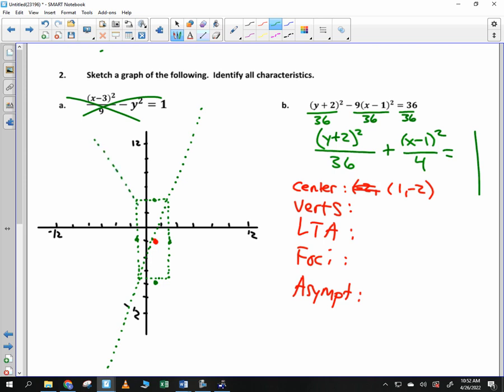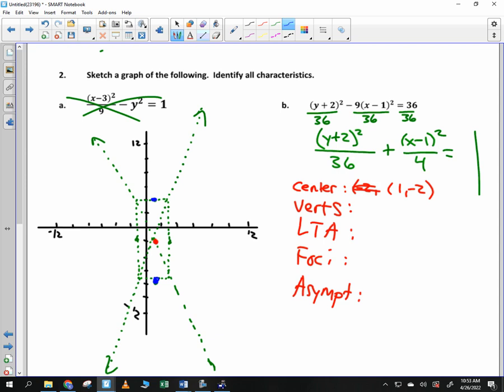Should I put my vertices on the top of the ghost box or on the sides of the ghost box? Why? Because it's vertical, because the x is negative and the y is positive. Very good.